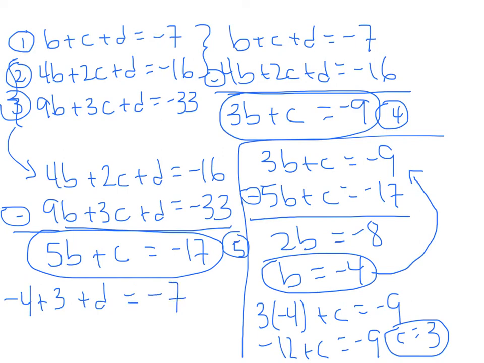Negative 4 plus 3 is negative 1. And so d turns out to be negative 6. Okay, we are basically done. So I have my a, if you remember from the beginning, was 1, and now I have b, c, and d. So on the last slide, I will wrap up our general formula.